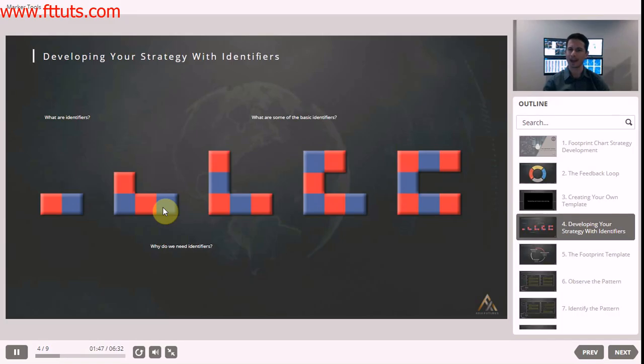Now, one of the best examples of an identifier is volume. So let's take, for example, over the last 10 trading sessions, you've suddenly recognized that whenever the volume exceeds, say, 50,000 contracts, price tends to very aggressively fall or rise. If you've noticed this, you've recognized a pattern based on the identifier of volume.